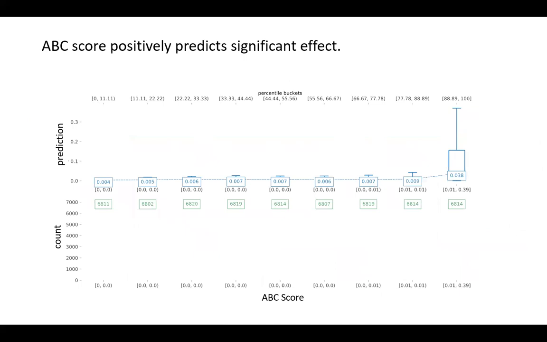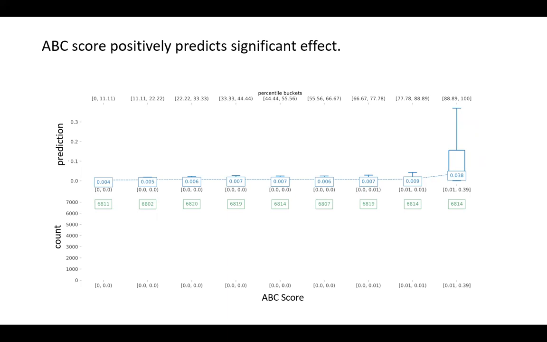And this is showing you the direction of the variable's effect. So ABC score, if your ABC score is high, that means you're more likely to be a true enhancer gene target relationship, right? An enhancer that, when it's perturbed, changes the gene expression.